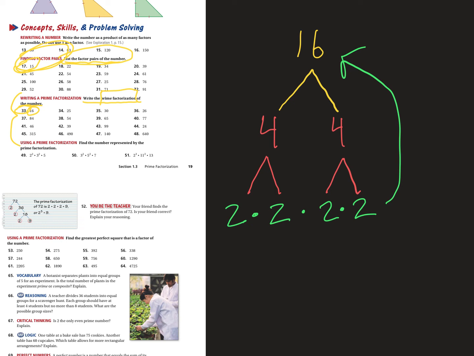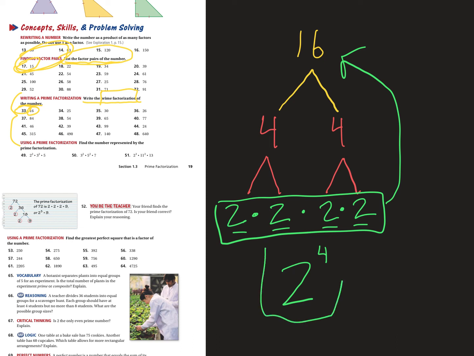A simpler way of writing this is by using an exponent. Remember from section 1 in this unit, 2 is the base, the number that is repeated, and it repeats 4 times.